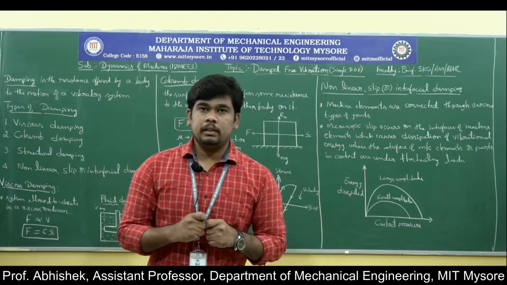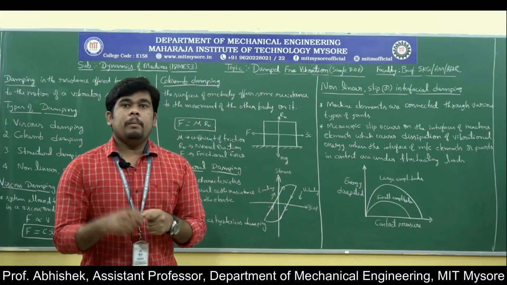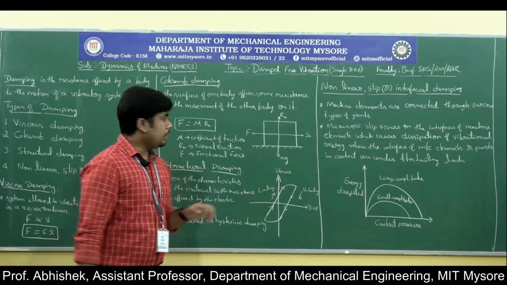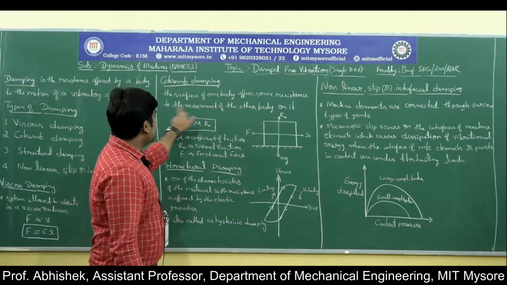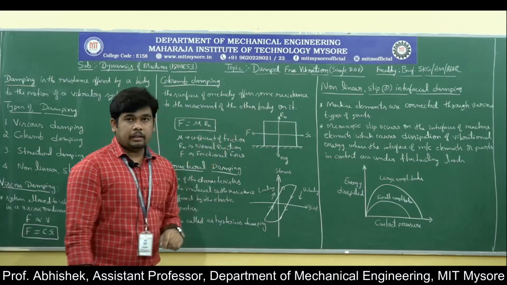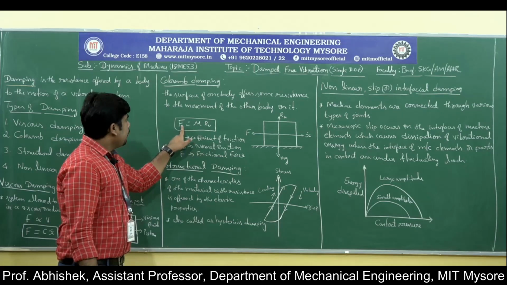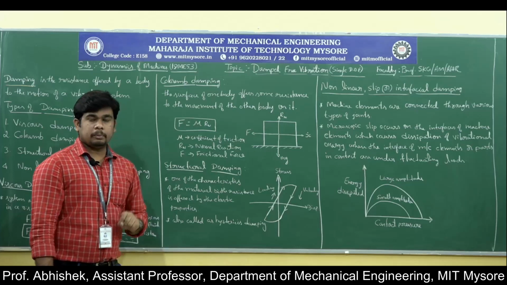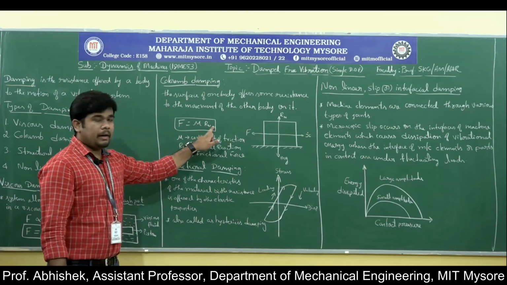Just like your viscous damping, you get the force of resistance. Here there will be a force of friction. So the Coulomb damping says that the surface of one body offers some resistance to the movement of the other body on it. And the standard expression for that is F is equal to mu into Rn.